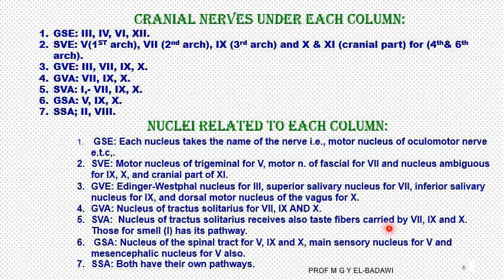The main sensory nucleus will be only for the trigeminal, and the mesencephalic nucleus also for the trigeminal. So the trigeminal will come from the 3 nuclei, the nucleus of the spinal tract of the trigeminal, the main sensory nucleus, and the mesencephalic nucleus, while the vagus and the accessory from the nucleus of the spinal tract.